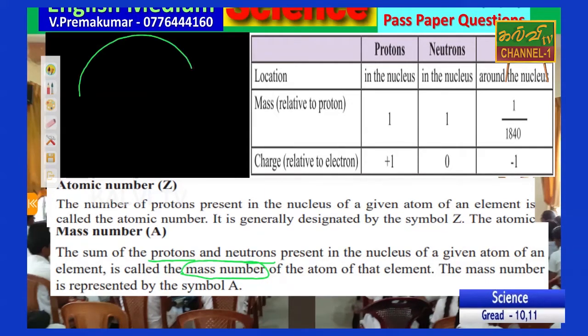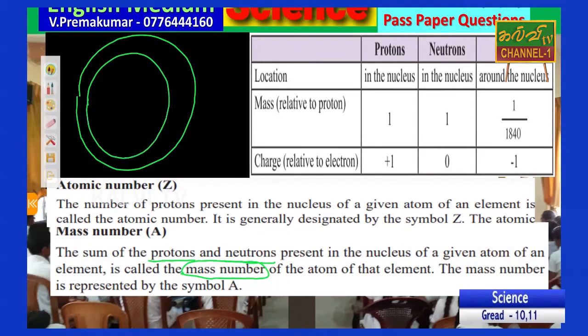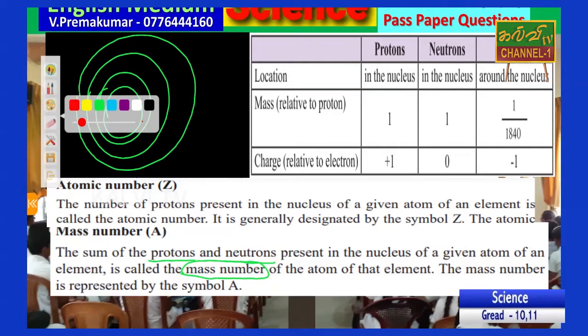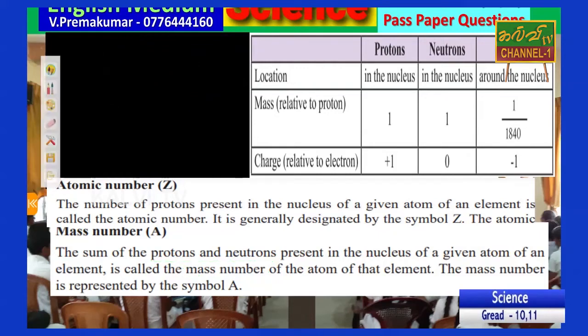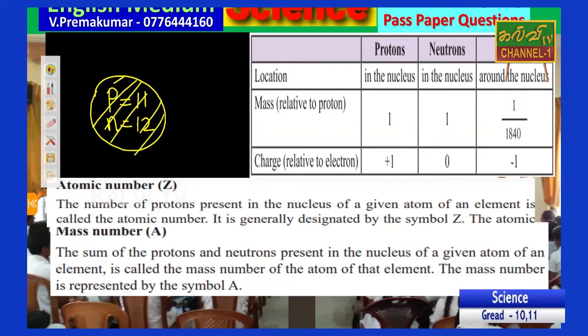Say, as a sodium atom, inside they found protons, the number of protons is 11 and the number of neutrons is 12. It is in the nucleus, and outside there are 2, 8, 1 electrons.